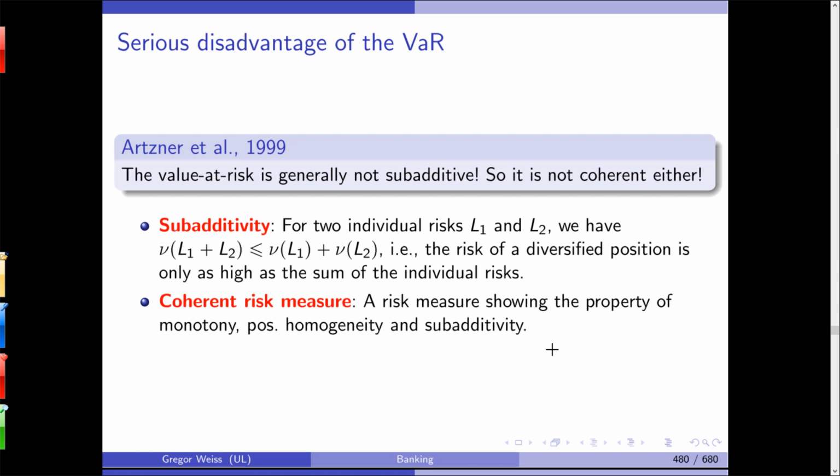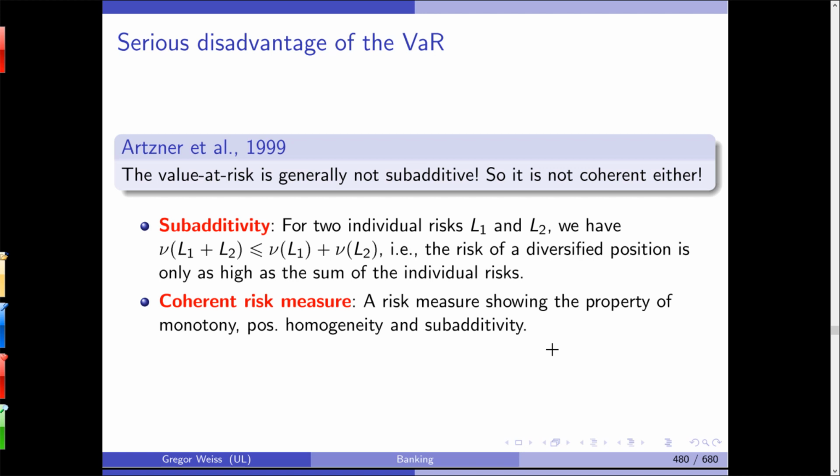We are talking about two risks, of which one is always better or always worse than the other one. Then, of course, your risk metric should also be better or worse for one of those two. That's monotony.